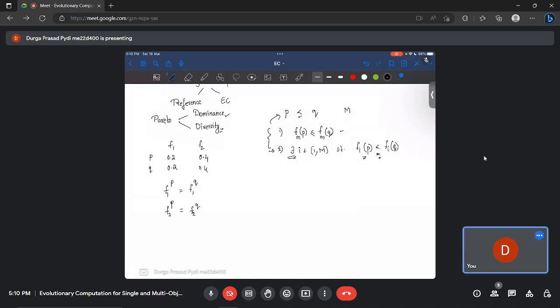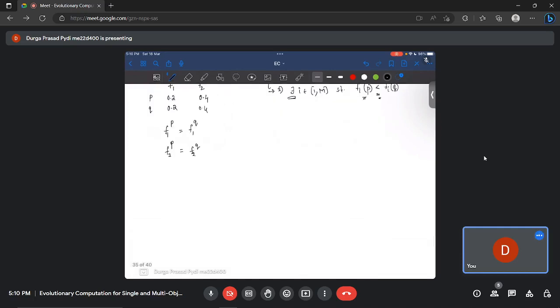So after we discussed this Pareto front, then we discussed some of the classical methods. First we discussed the weighted sum method.